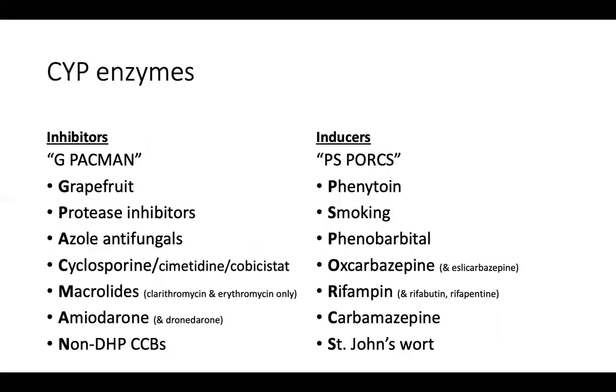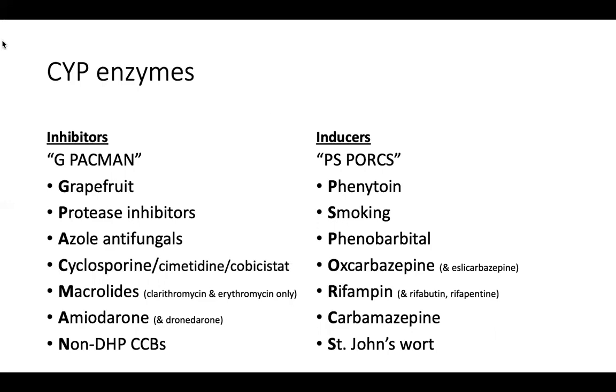So here's what we see with those CYP enzymes, the main inhibitors and the main inducers. And they try to come up with mnemonics. So G-Pac-Man for inhibitors and PS-Porks for inducers. Not my favorite, but I think that's what everyone's teaching, and that's what's in the RX prep book.